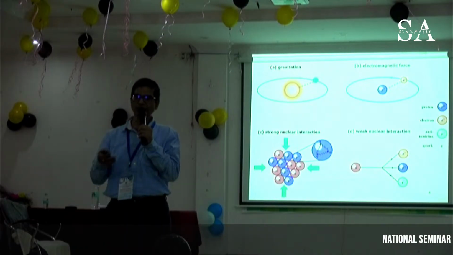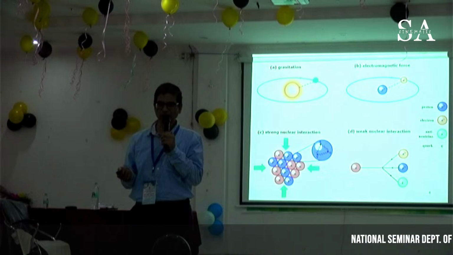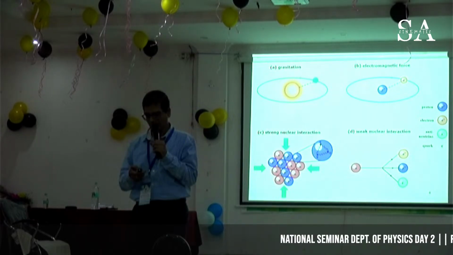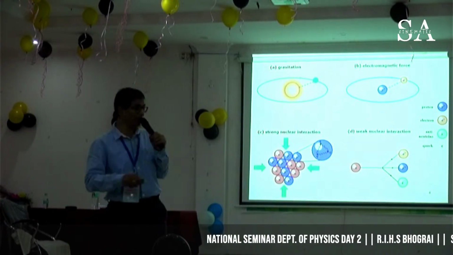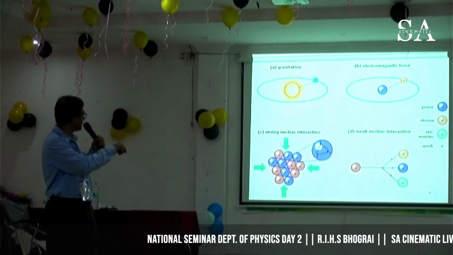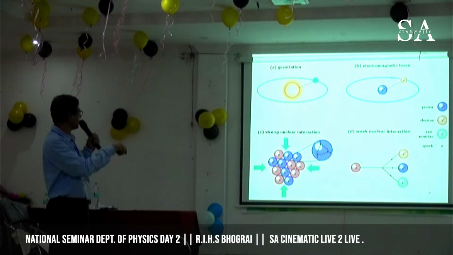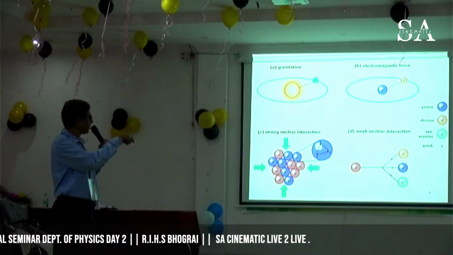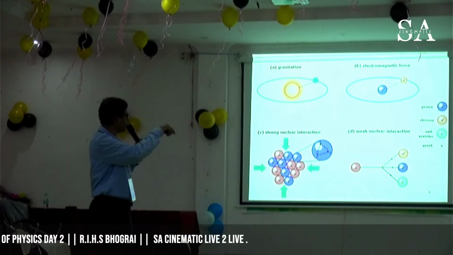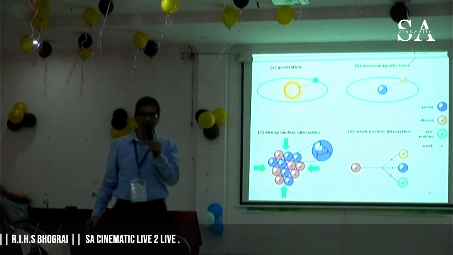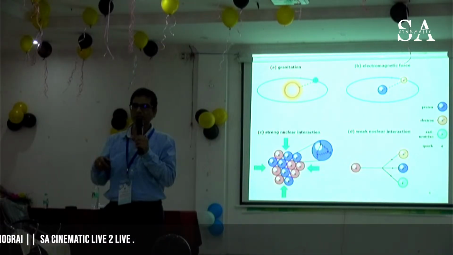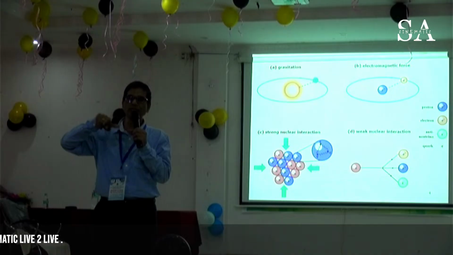So we can say that approximately 10 to the power 22 stars like the Sun are present in our universe. There is the concept of a multiverse: beyond our universe, maybe other universes are present. So how large is our universe? But this large structure of the universe is basically due to the gravitational force. Then the electromagnetic force, I think Professor Agrawal has already discussed this. Due to the electromagnetic force, electrons are bound to the nucleus.